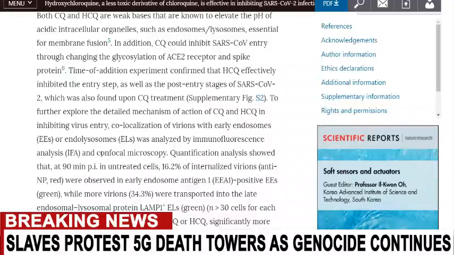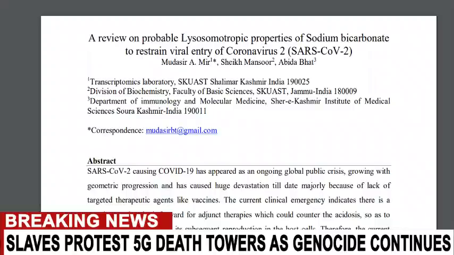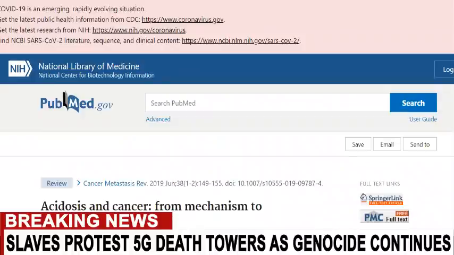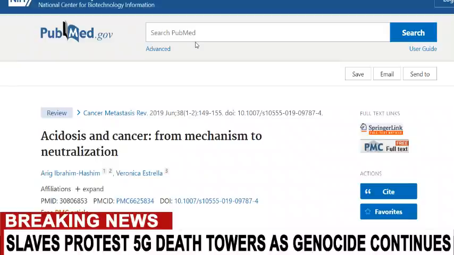In any case, the idea here is that hydroxychloroquine works because it changes the pH inside the cells. And we've actually got quite a bit of studies on acidosis and cancer. All sorts of publications, and you can find this on PubMed.